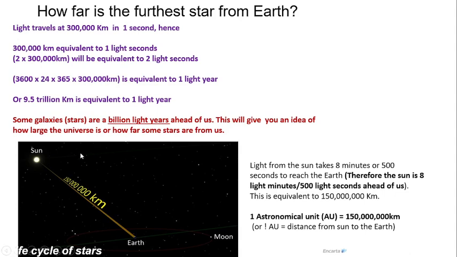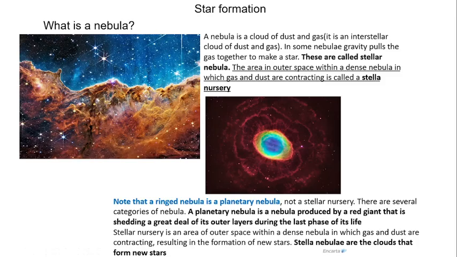An astronomical unit is the distance from the sun, our very sun, to the Earth. So 1 AU, which is an astronomical unit, is equal to 150 million kilometers. We use the astronomical unit to compare distances of celestial bodies.